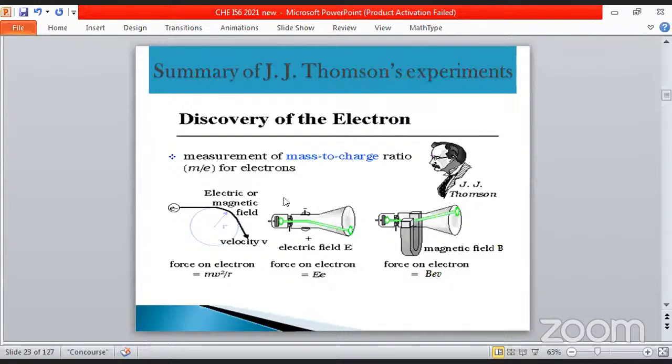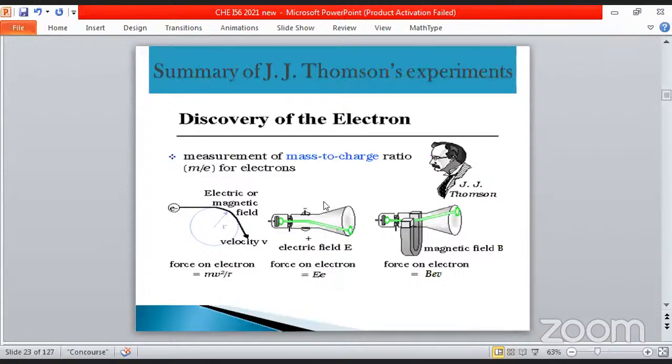He passed the cathode ray, which is now termed the electron, through a modified cathode ray tube, and he put it between both electric and magnetic fields. In an electric field, a positively charged particle will move towards the negative plate.